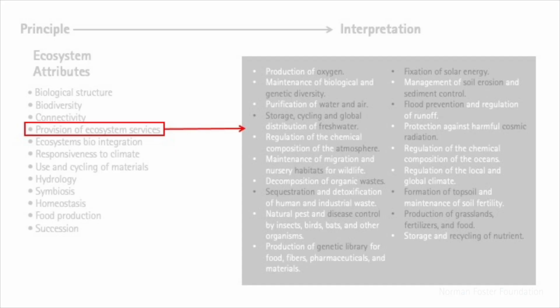And so one of the properties of an ecosystem is the provision of ecosystem services. What are ecosystem services? Here is a list of things that nature does for us for free. We don't have to pay for it. It's not a comprehensive list. It's the most detailed list I could assemble.